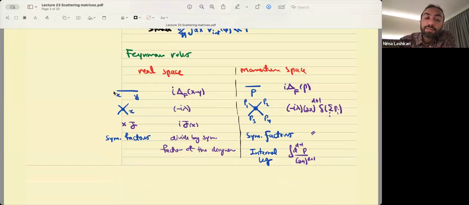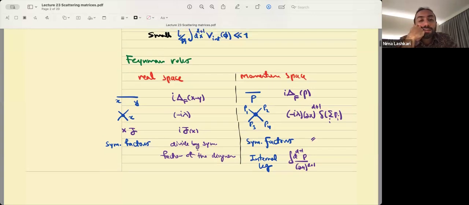Then every time you have an interaction vertex x, you have minus i lambda. If there's a cross, that's a source insertion, i J(x). And you have to divide by symmetry factors of the diagram. And of course, all the loops correspond to integrals.